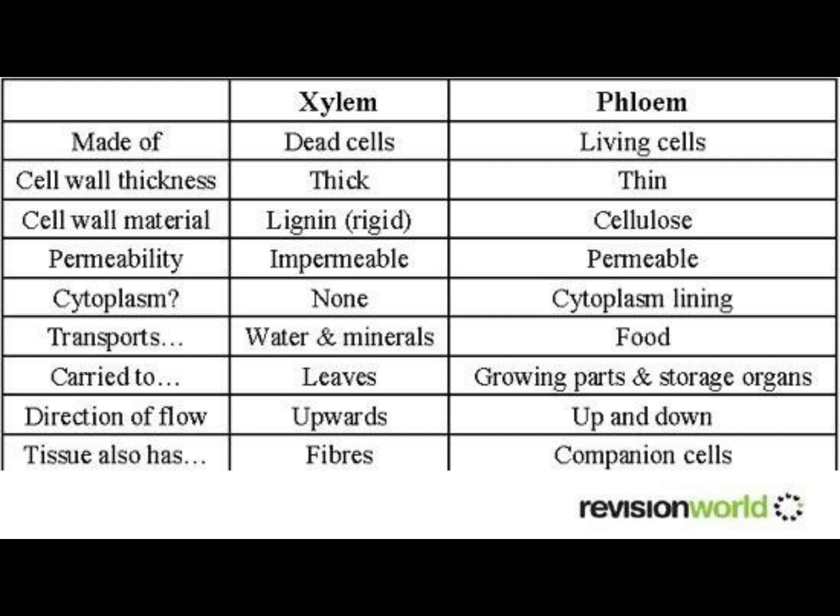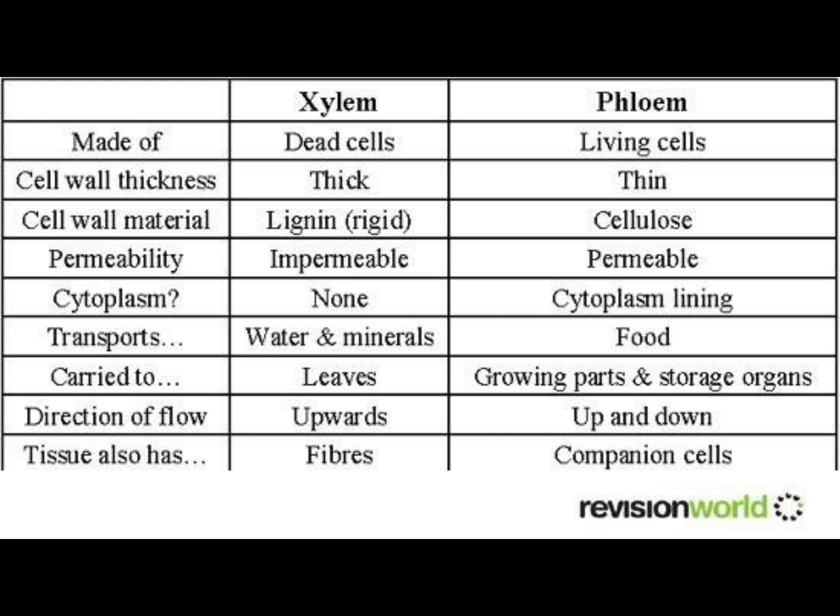Xylem has an impermeable cell wall, while the phloem is going to have a permeable cell wall. And then we transport water and minerals in the xylem cells, while the phloem is going to transport food.